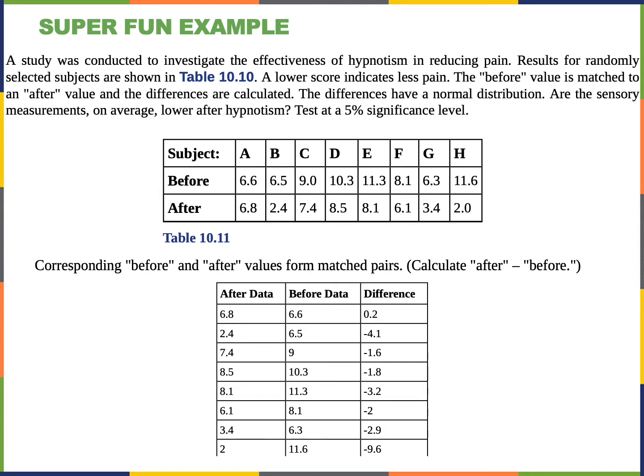So we're taking the after and subtracting the before. If I write the table this way, you can see clearly here's after, here's before. The difference between these two is a positive 0.2, and 2.4 minus 6.5 is negative 4.1. So this column right here is going to be my data.